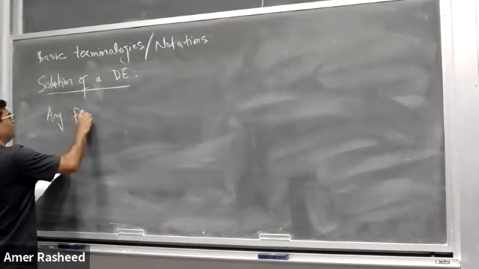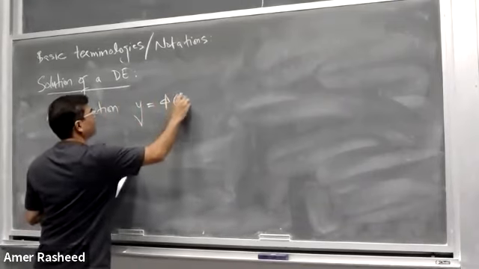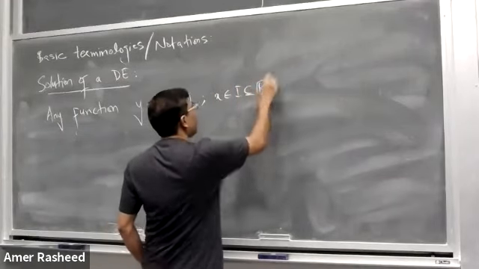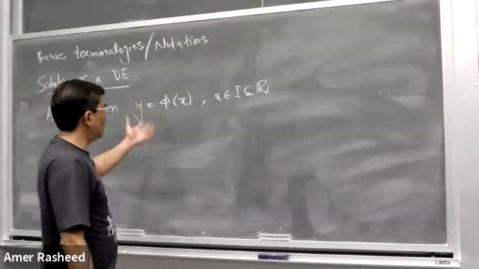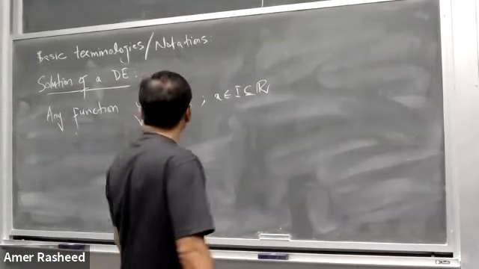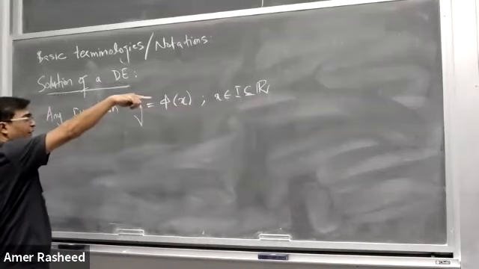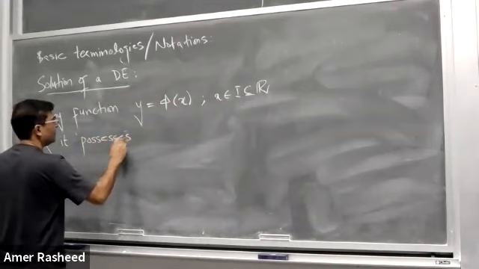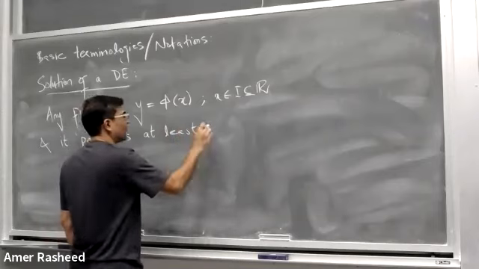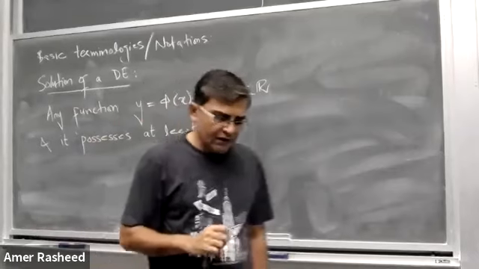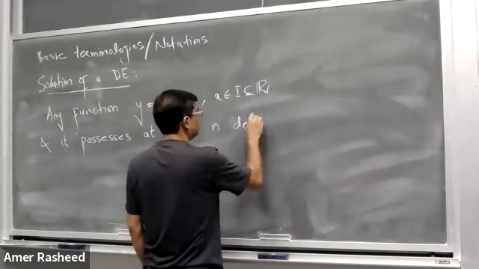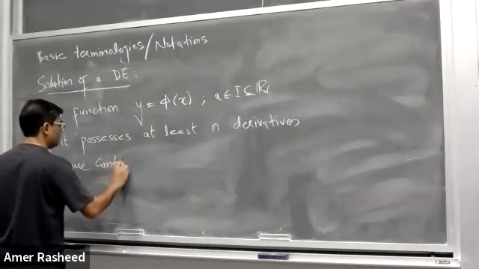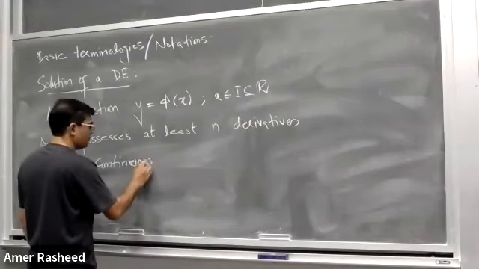Any function y is equal to phi of x, okay, where x should be defined on some interval, where x belongs to I and I is a subset of R. In case of ODE, any function defined on some interval, open interval I, which is a subset of R, and it possesses at least n derivatives that are continuous on I.